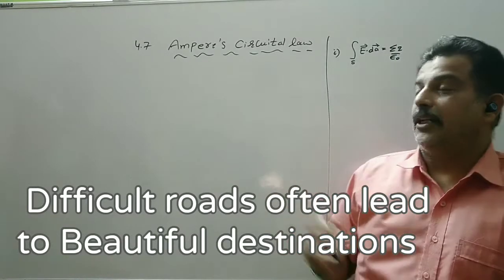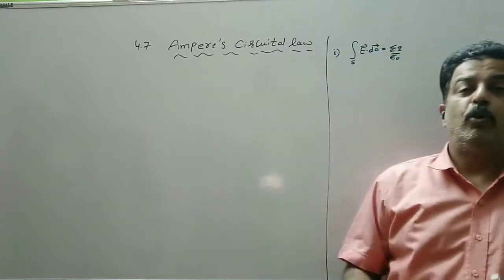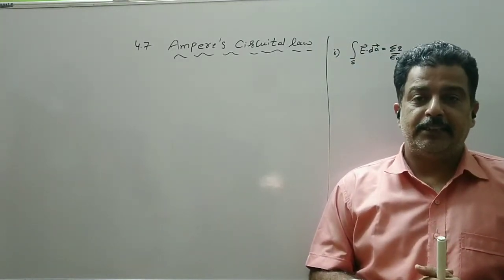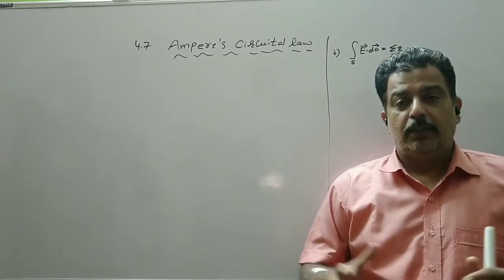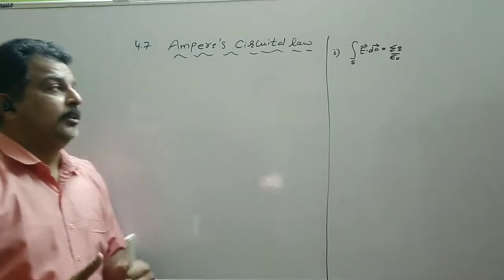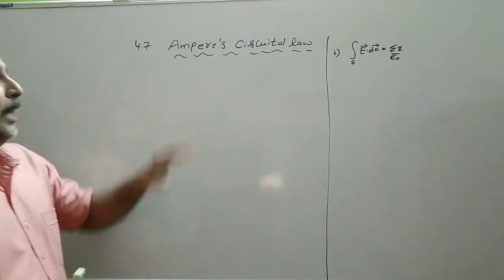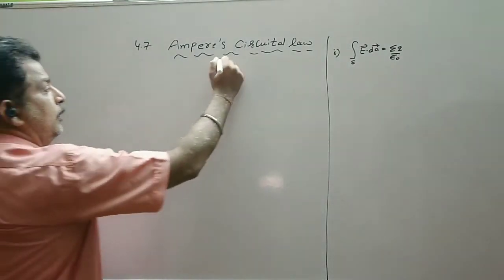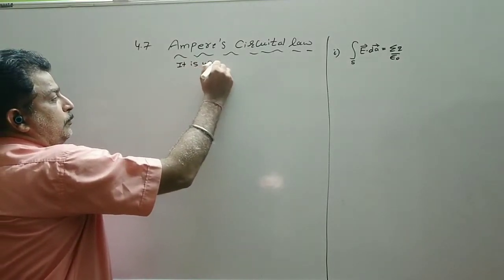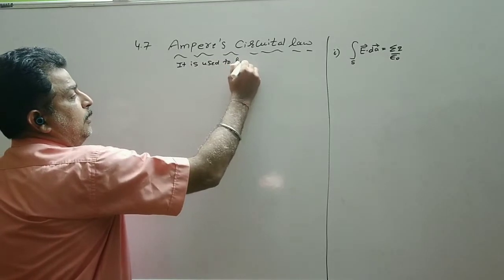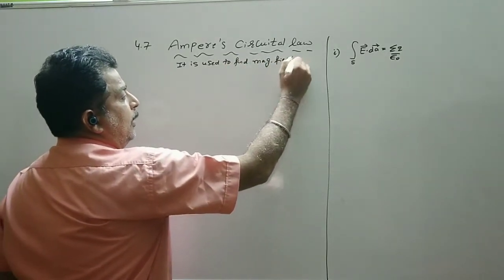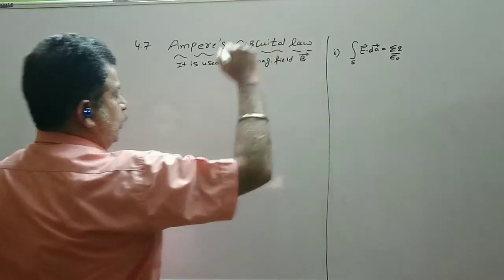Now Ampere Circuital Law will be more easier to find out the magnetic field intensity at any point, but here also you should have some symmetry of the source. So Ampere Circuital Law is used to find magnetic field intensity, or we denote it by B vector.